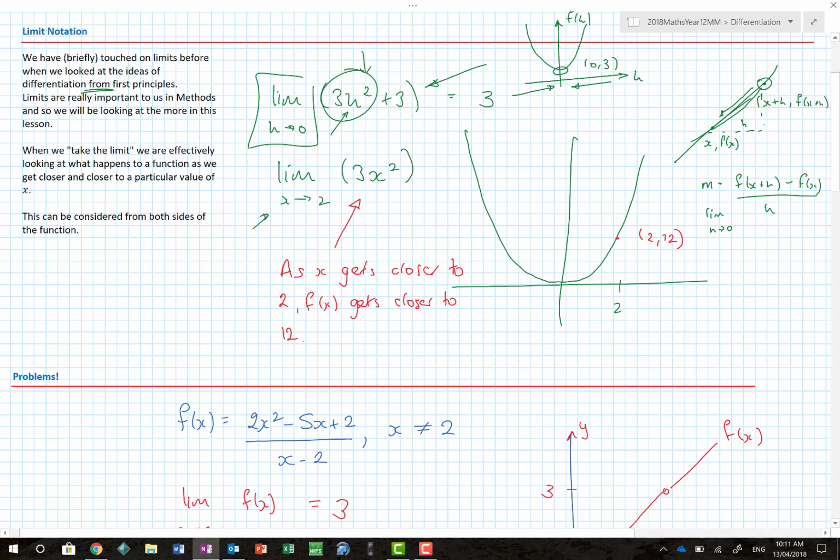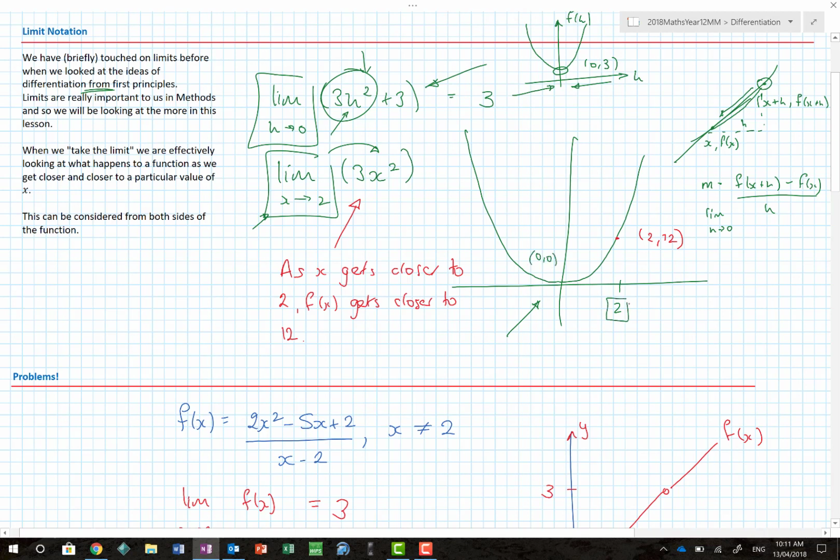Same thing here. This one's in terms of x, something we're more used to. Considering this function here, 3x squared, as the x value gets closer and closer to 2 from both sides, what will my function value be? Here is my little graph just to show you. It's a really randomly badly drawn graph of 3x squared.